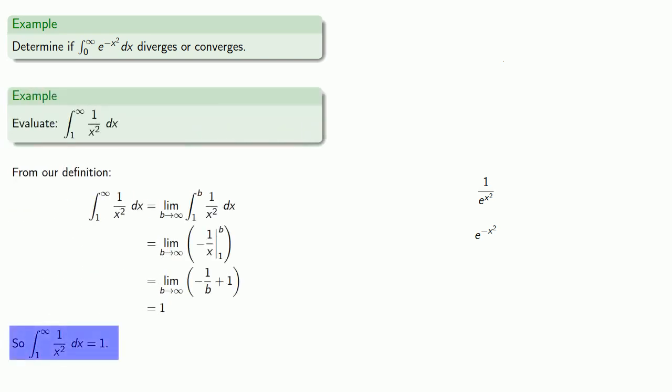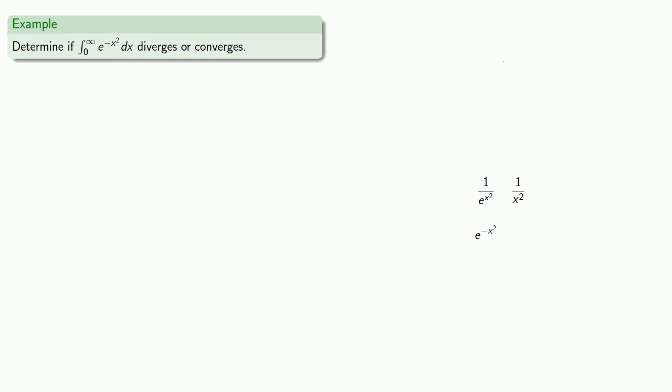So maybe we'll try and compare this to 1 over x squared. Since we don't know whether this is less than or greater than, we'll leave that empty until the end of our analysis. Since both e to the power x squared and x squared are positive numbers, if I cross multiply, I won't change the direction of the inequality.